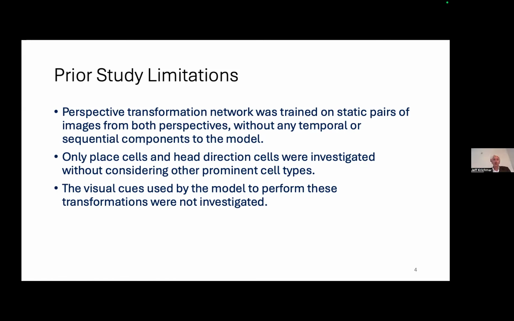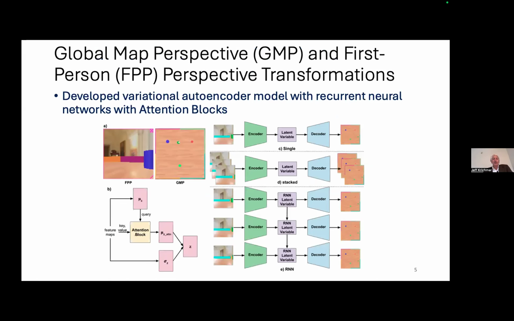So this is work mainly by my former student, Tim Liu, who did a lot of the work on the modeling and took that model, but then said, what if we compare it with a model that has a stack of images? They're still static, but they're in order.